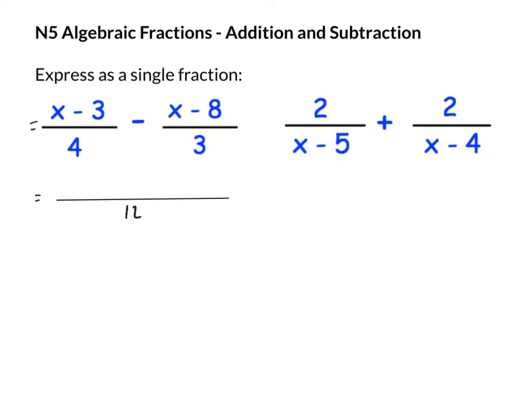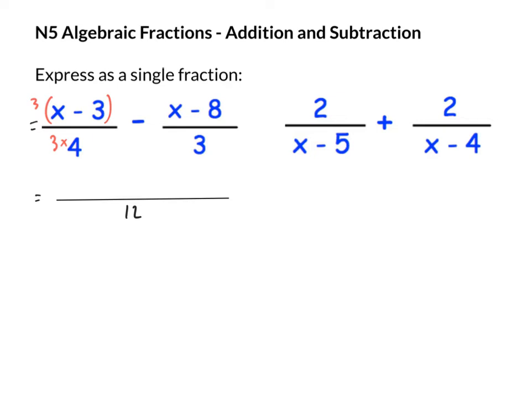And I'm going to consider what I need to do to each of the individual fractions to get that 12 on the bottom. Well, this first one, the denominator needs to get multiplied by 3. So it means the top will need to get multiplied by 3 as well. All of the top will get multiplied by 3. So I've got those brackets in there to emphasise it's all of that expression.